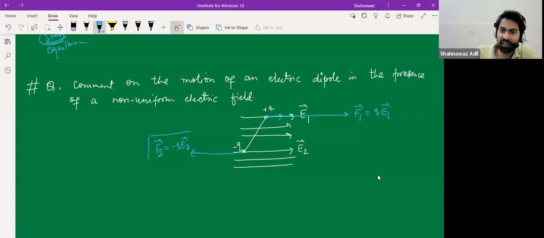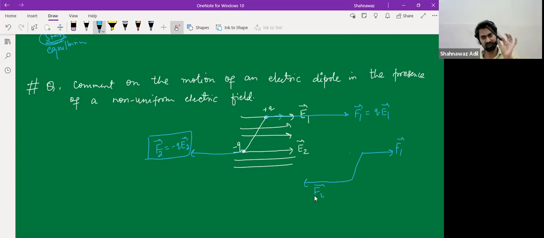So you see that you have two forces. One force, F1, is different from the other force. If this force is larger, the dipole will move in which direction? Let's say you have a dipole placed like this, and this part is pulling it in this direction, and this part is pulling it in this direction.